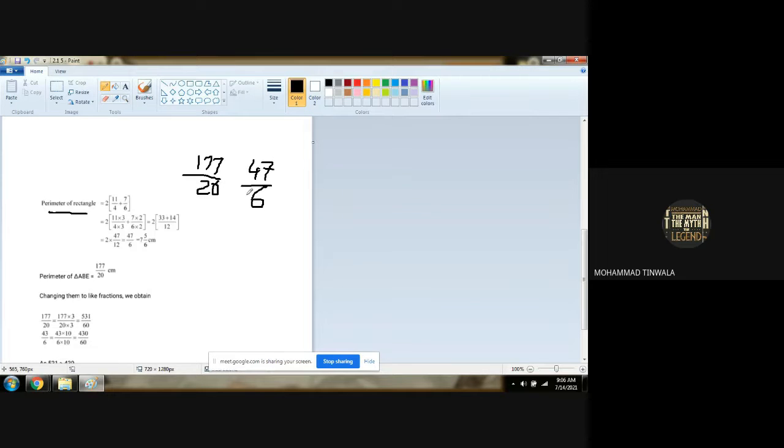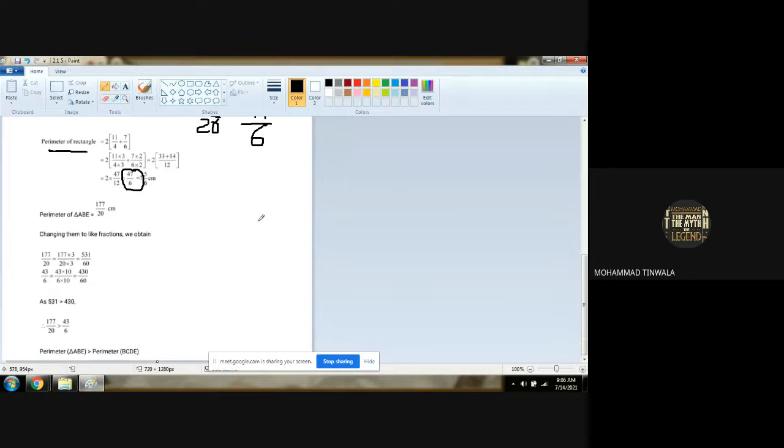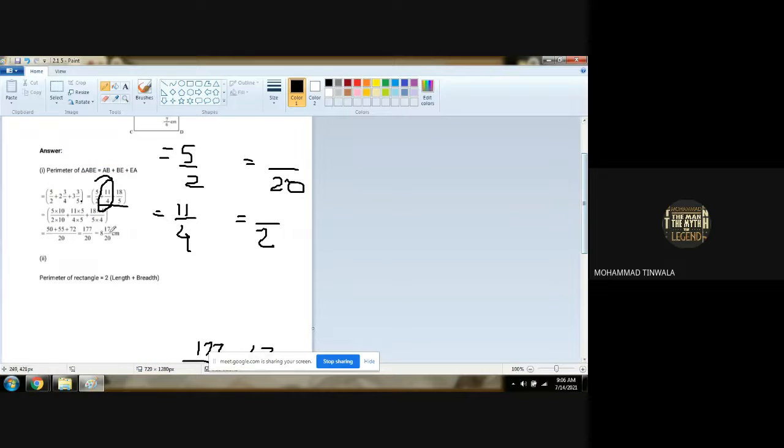Am I correct or wrong? You got 177 upon 20 for the triangle as the first fraction. Am I right, boys? Yes.